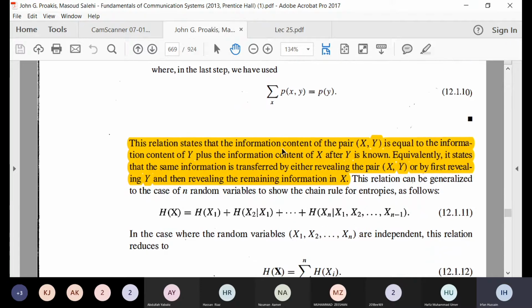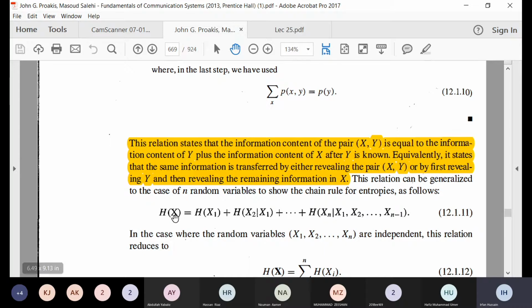The information content of y plus the information content of x after y is known. So if you want to know the information, either you can reveal x and y together, or you first reveal y and then reveal the remaining amount of information in x.